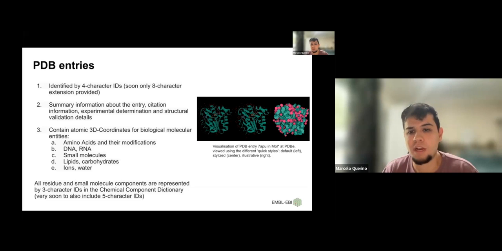This figure here on the right shows the visualization of a PDBe entry using software that our team provides, which is Mol*, in 3 different styles. Also important to mention is that all residue and small molecule components are represented by 3-character IDs in the PDB. And soon we are also reaching the limit of different residue and small molecule components that can be represented with 3 characters, so we are also including 5-character IDs.